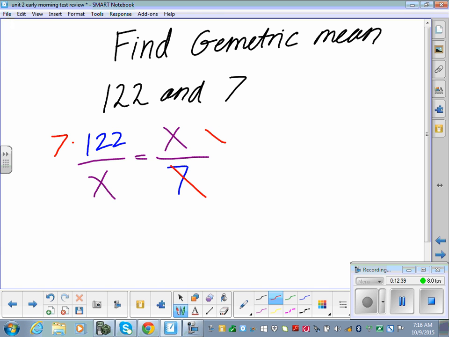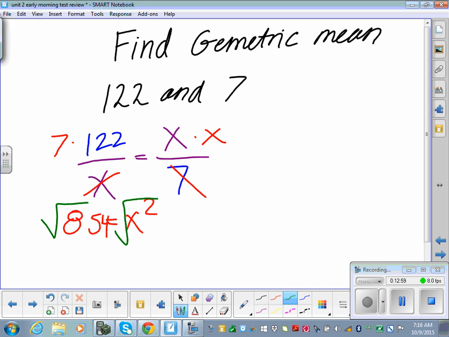Multiply both sides by x, but it divides out over here. So 854 is equal to x squared. And then how do we get rid of the square? Square root both sides of the equation. And then our root cancels out our power, and you'll type in your calculator the square root of 854, 29.22.